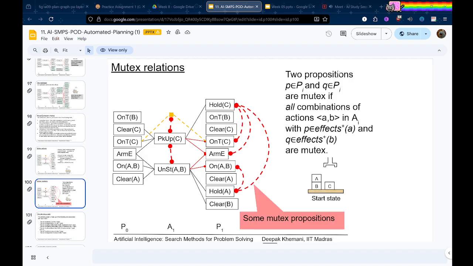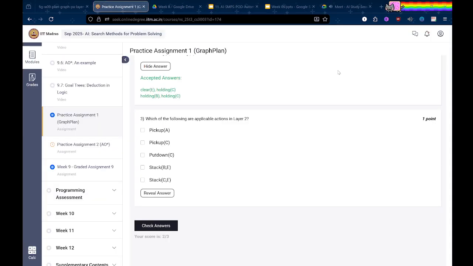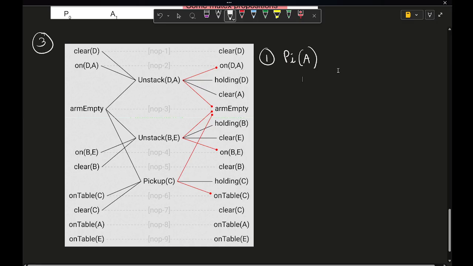If we can find even one non-mutex pair, then we can say that action is applicable in layer 2. Okay, so let's try that.